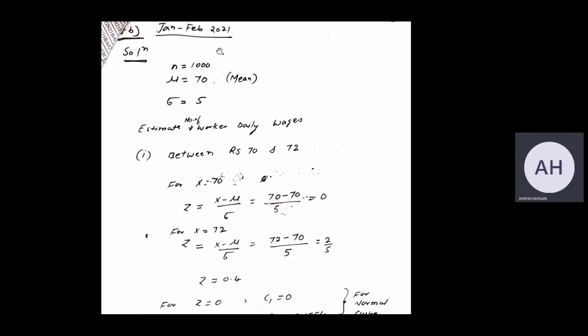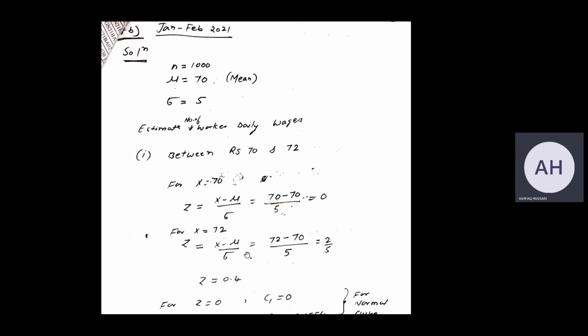Now, what is given in the question? Number of observations is 1,000, mean is 70, and sigma is equal to 5. Now estimate the number of workers whose daily wages are between 70 and 72. Again, we will use the variate because this is a range. So put x is equal to 70. Now calculate z. When you put x is equal to 70, the value will be 0.